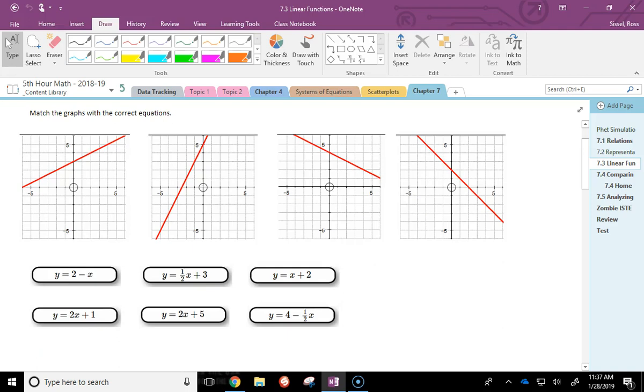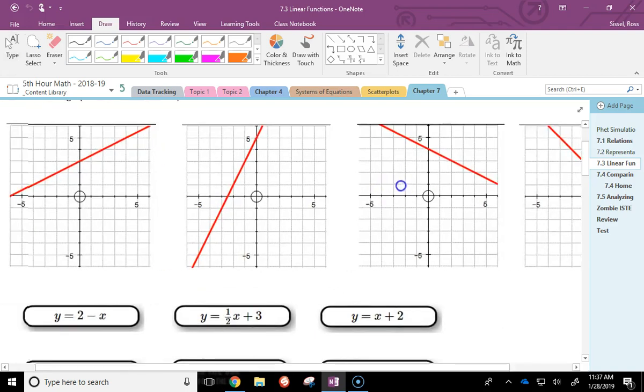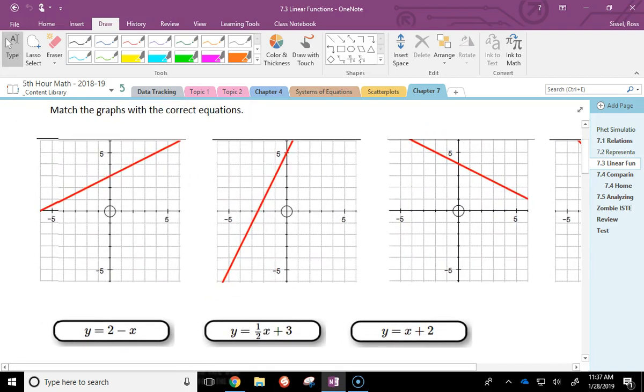So if I have this first line, does anyone have an idea what that equation could be? What equation would represent that line? Troy?